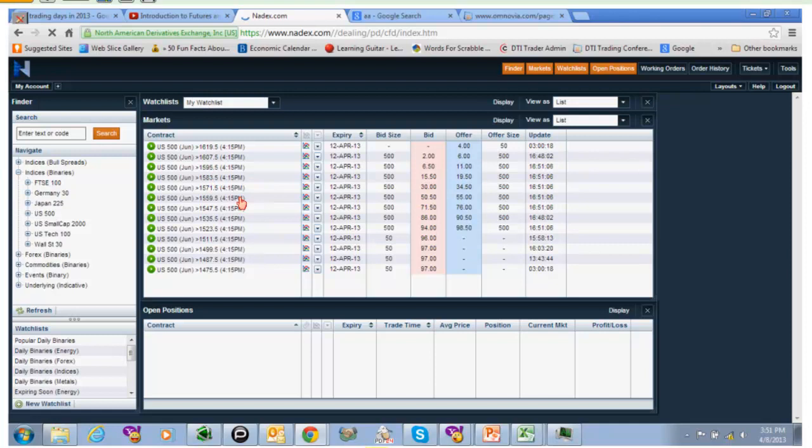But basically, if I make the decision that I believe the market has tipped its hand and is heading higher, I can buy a 1583.50 strike here. If I want to reach out to the market and get it, I can buy it at 19.50.